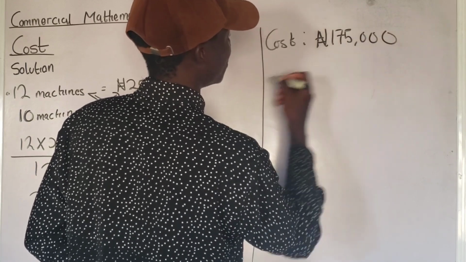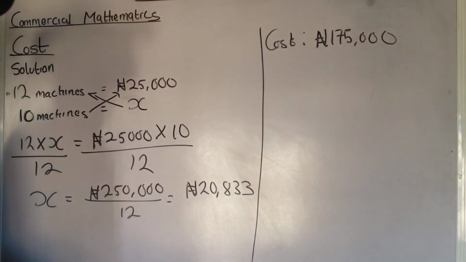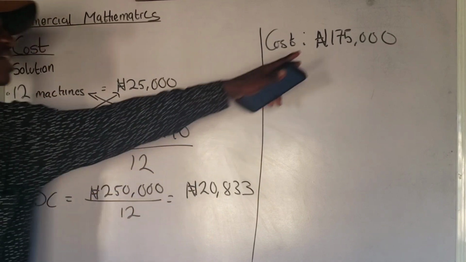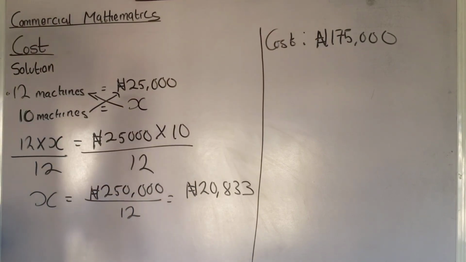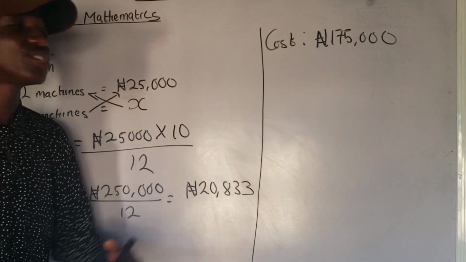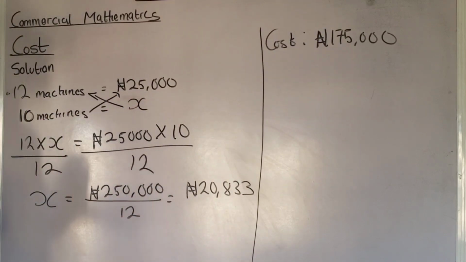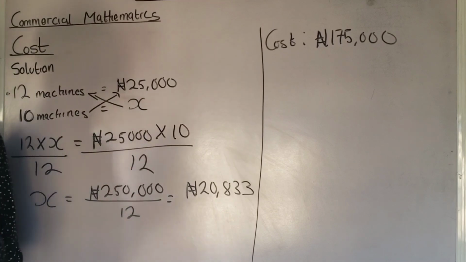Before we can determine the number of machines that this amount can buy, we first need to determine the cost of one machine. How many machines of the same type will 175,000 naira buy?